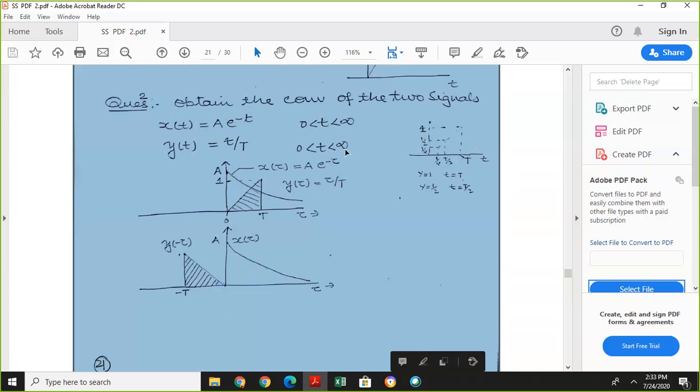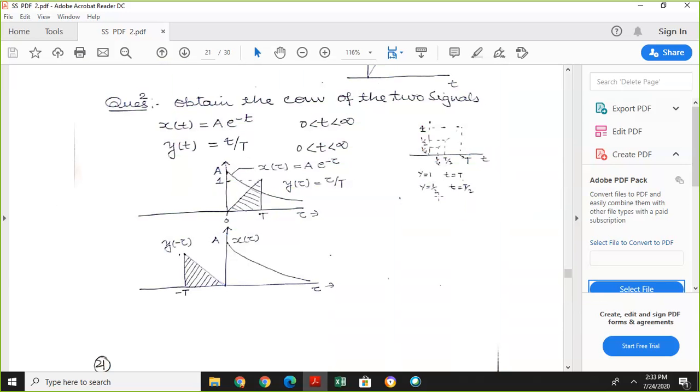First draw this signal. When t is equal to capital T, y of t is 1, when t is equal to capital T by 2, y of t is this, and you get a graph of this. Then this is x of tau and this is y of tau.